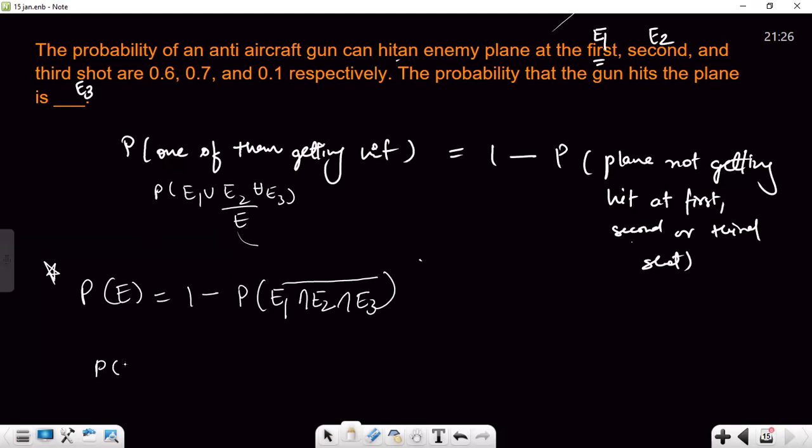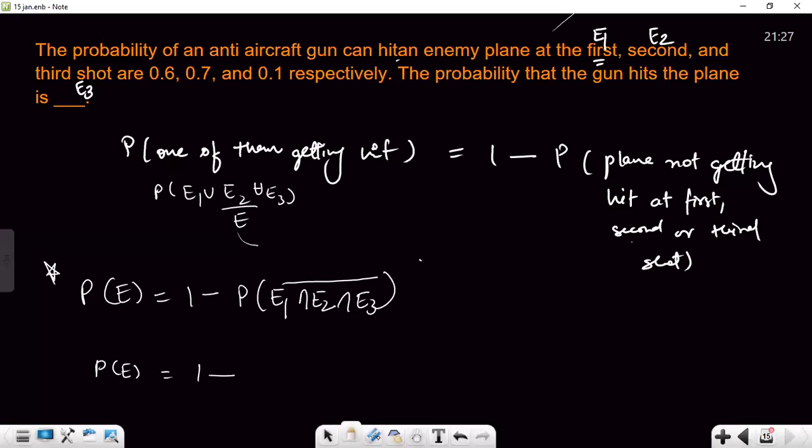So this will become 1 minus the probability of E1, E2, and E3 not happening, all at the same time. There's a bar on them.